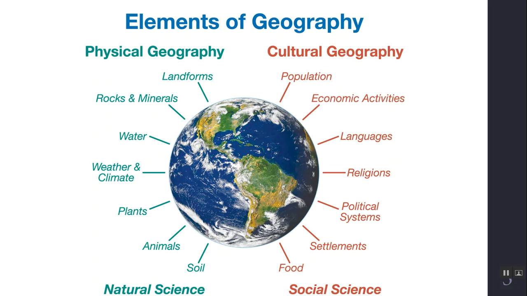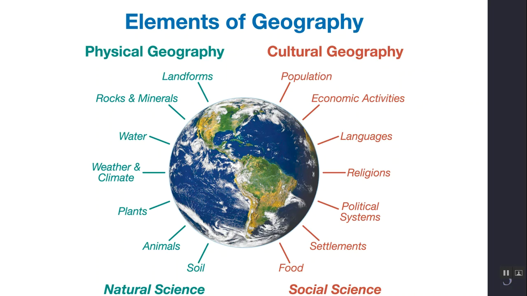In cultural geography, we study everything from population, economics, languages, religions, political systems, settlements, and food. I have taught a geography of food class before, which is very interesting. And that stuff tends to be more towards the social sciences. Lots of geographers, me included, mix physical geography and cultural geography together, which is why I love geography so much.